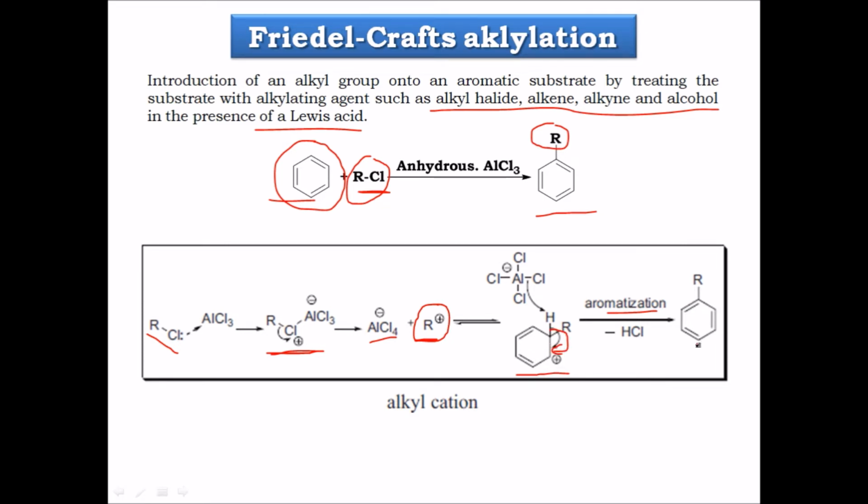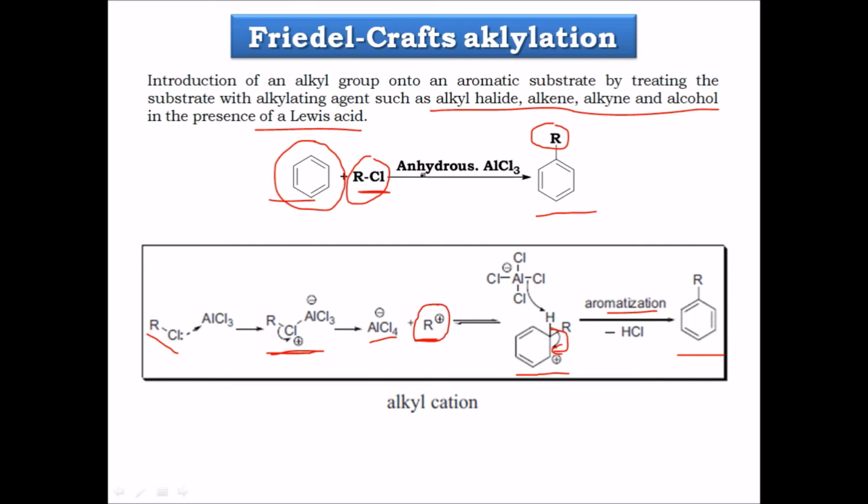As a result, we get formation of a double bond there, and we get an aromatic compound. So in this way we convert benzene, or we can insert an alkyl group in an aromatic system. This reaction is called Friedel-Crafts alkylation reaction, and the intermediate involved here is a carbocation.